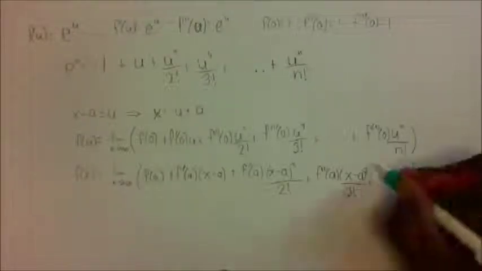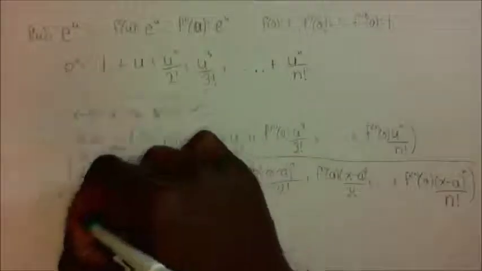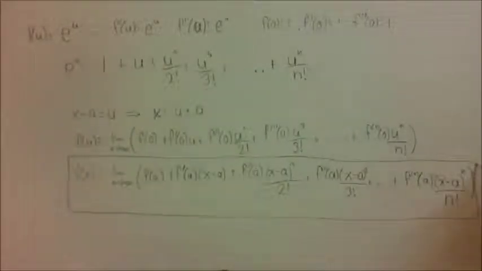And this is the most general form of what we call the Taylor expansion, which is very useful, as I said before, in finding the integrals of functions which are very difficult to integrate. Anyway, that is all I have, and I'd like to thank you very much for watching.